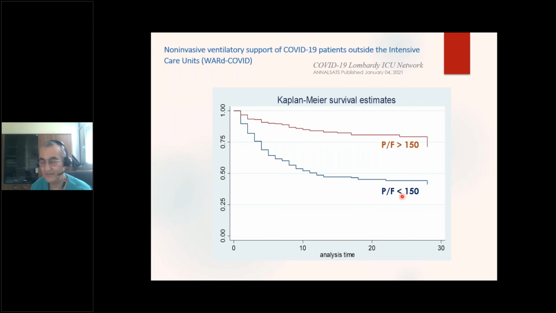If they are above 150 and still improving, they do well in the vast majority of cases. Instead, if the PF ratio is below 150, the scenario is much worse. And in this patient, you should concentrate. I do concentrate in order to intubate as soon as I can if intubation is indicated for other reasons.